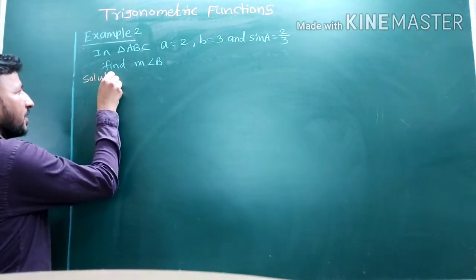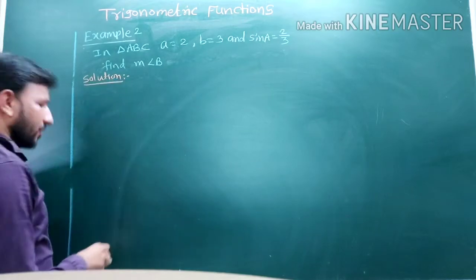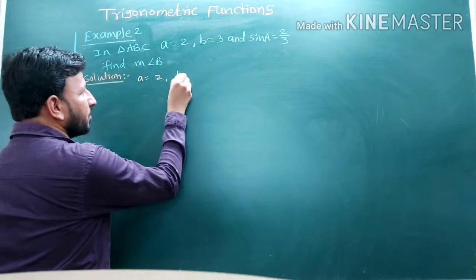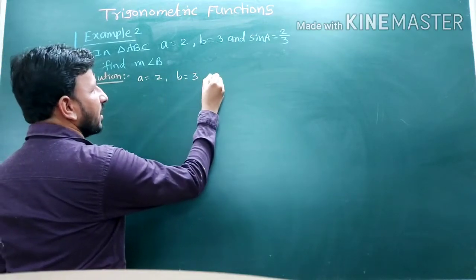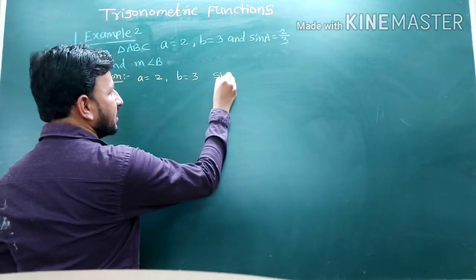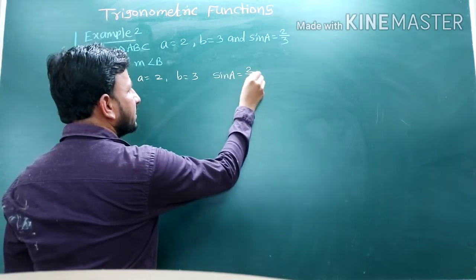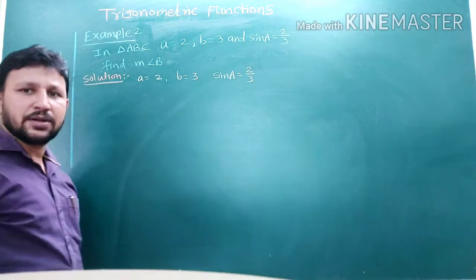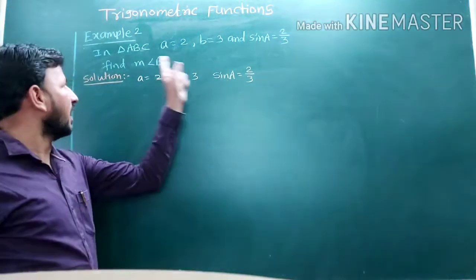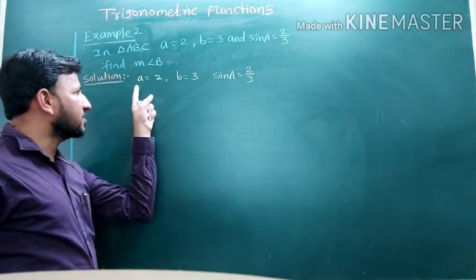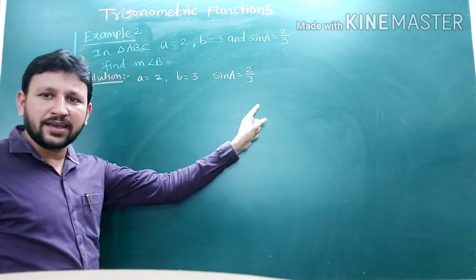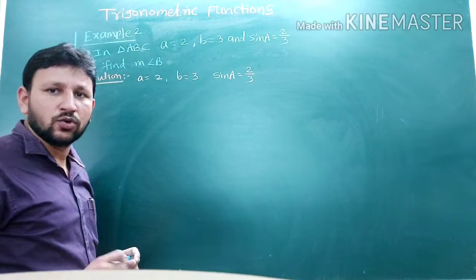First, writing the given part of the question. Given is the length a equal to 2, b equal to 3 and sine of A is equal to 2/3. This is the given part. From this given part, we have to find out the angle B. Check these relations. We have the side lengths a, b and sine of angle A. So apply the sine rule.